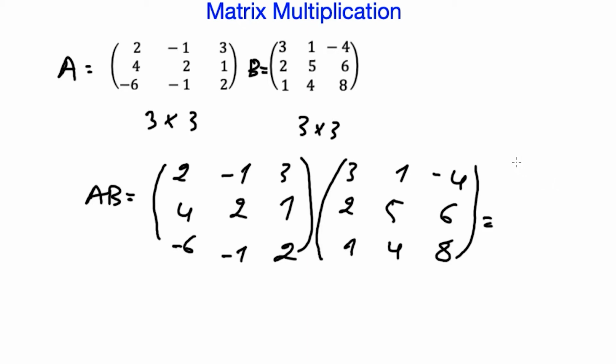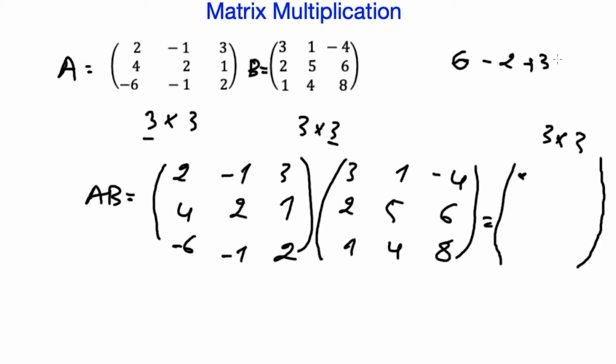The result will be a 3 by 3 matrix. At this position it will be the first row times the first column, so 2 times 3, which is 6, minus 1 times 2, which is minus 2, plus 3 times 1, which is 3.